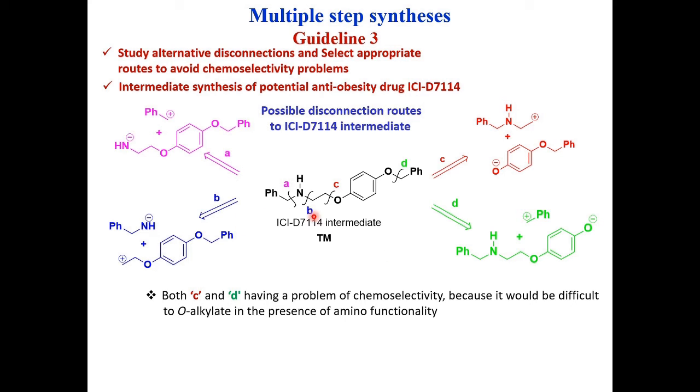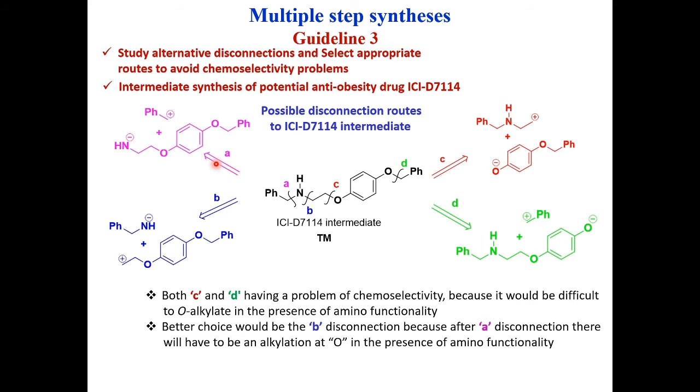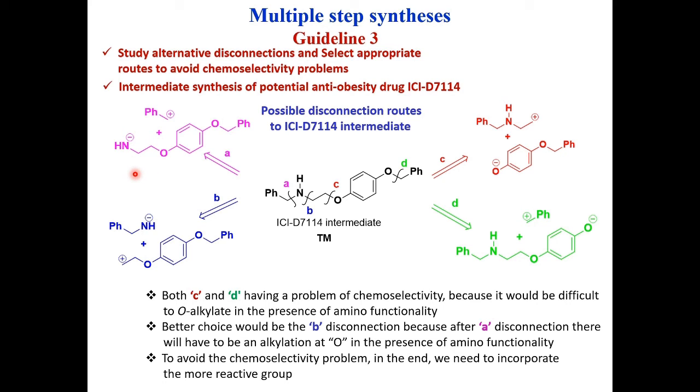If you consider the B route, that would be the better option, because after disconnecting A, you will have to alkylate the oxygen in the presence of this amino functionality. To avoid this chemoselectivity problem, we need to install the more reactive functionality at the end.